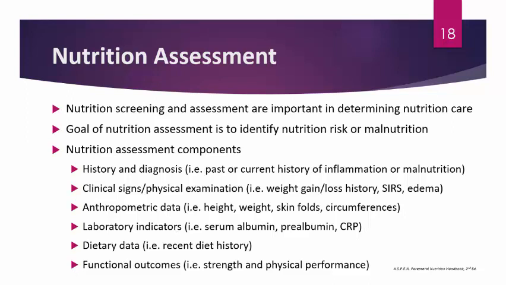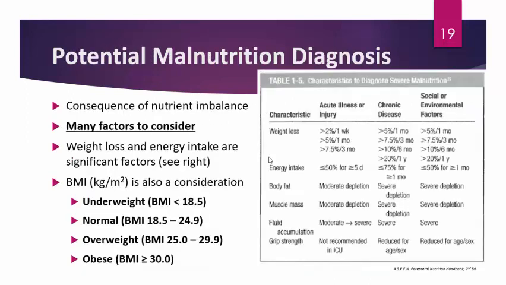We don't want to look at just one. We want to look at the whole history to get a good idea. Because, for example, someone may have a low BMI, but it doesn't necessarily mean that the patient is malnourished. We need to look at their other data, like their dietary data, their functional data, their clinical data, and their history to determine whether or not this patient is truly malnourished or not.